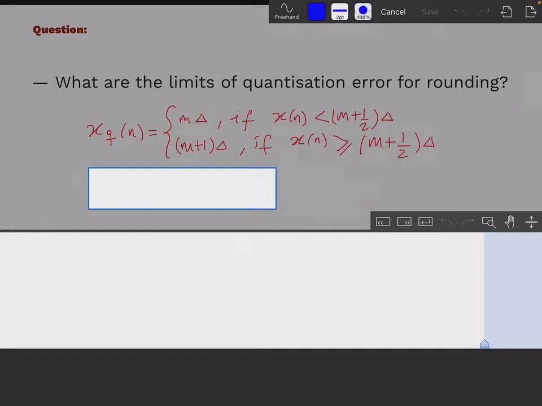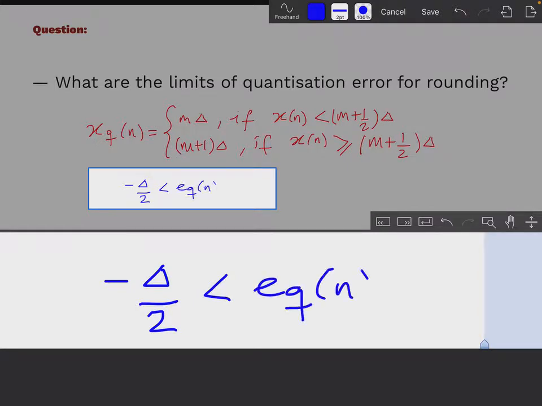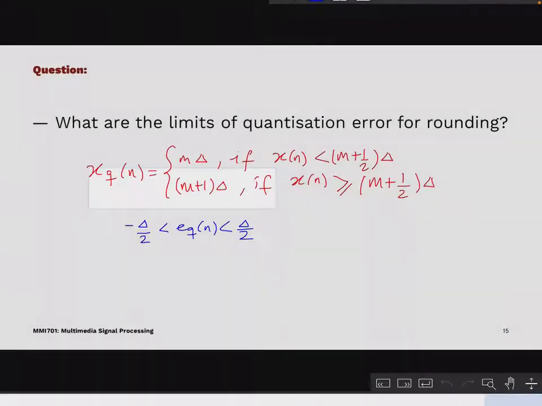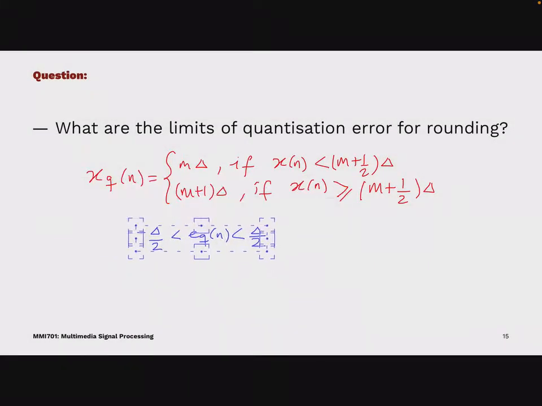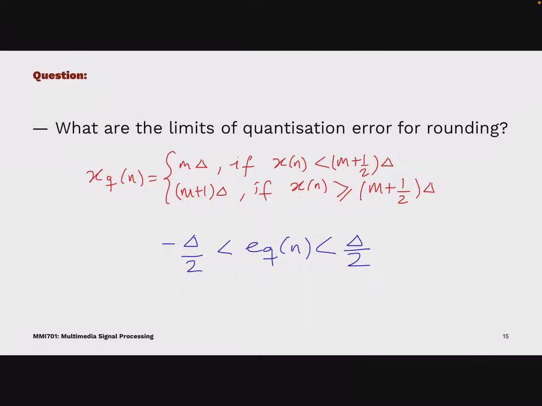That means the maximum quantization error is delta over 2, which again means that your quantization error is bounded between minus delta over 2 and delta over 2. So this is the bound for quantization error. That's something important, and we're going to talk about how we deal with quantization error in the next couple of slides.